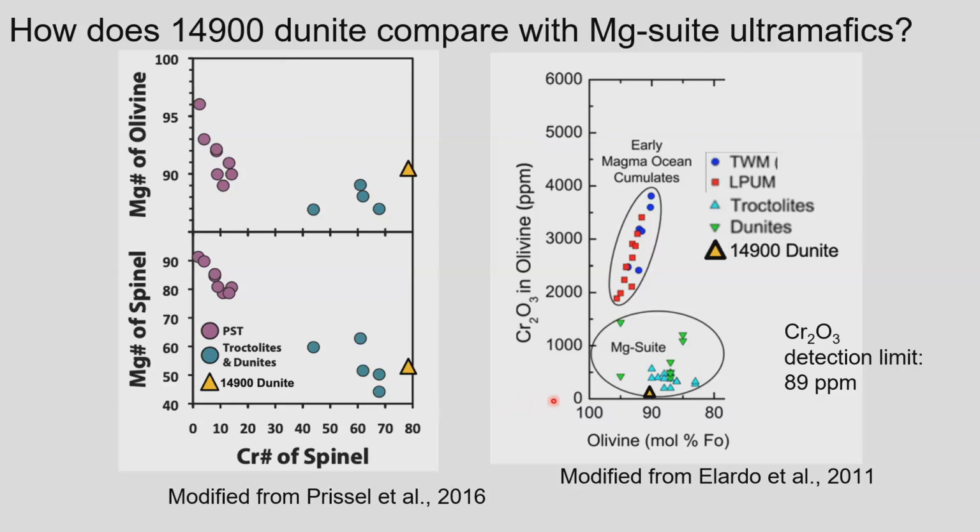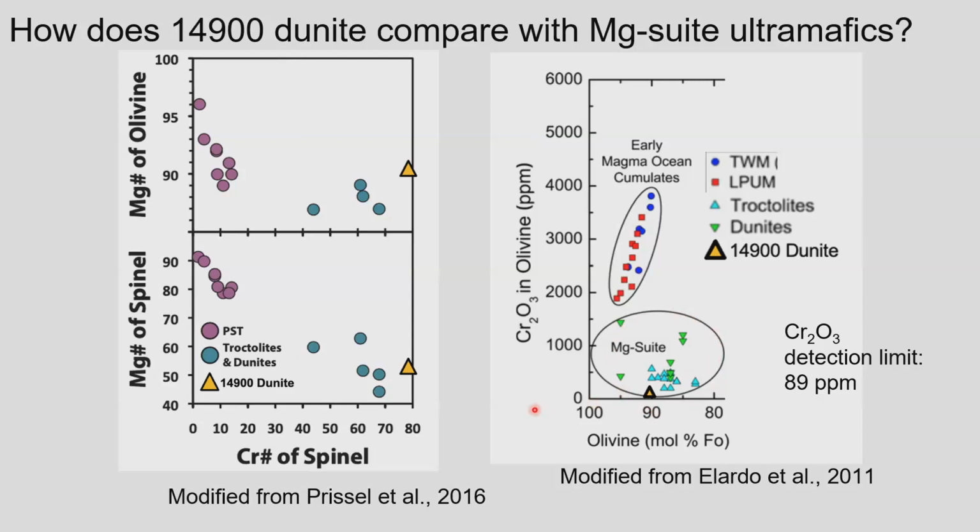The other thing I want to talk about is, in this figure right here, there was modeling done to try to give constraints on what the composition of Dunites that formed in this magma ocean would have. Our sample was here, and those cumulates would be here from the LMO. So our sample doesn't plot with those, but it plots with MG suite samples.